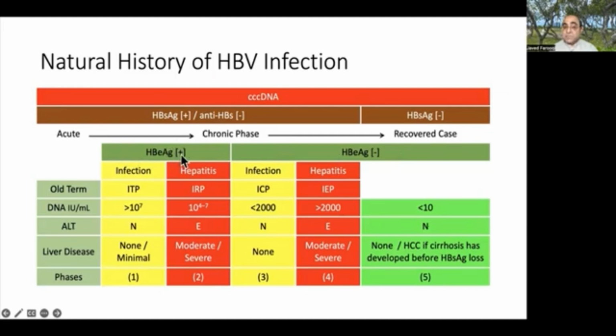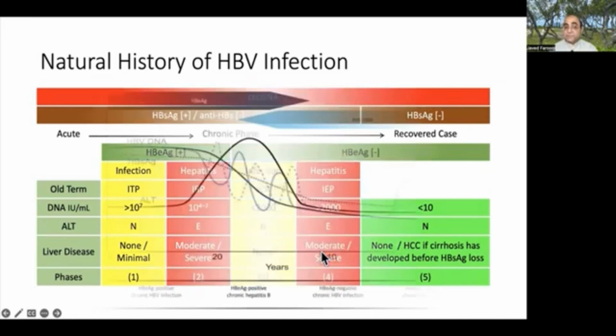The HBe antigen positive phases are these 2, infection and hepatitis phase, and HBe antigen negative is infection and hepatitis phase in the HBs antigen positive, and in the negative, again, the DNA may be positive in all, the ALT depends. When there is the infection phase, there is no or minimal liver damage. The liver damage happens in the immune hepatitis phase, that is the immune reactive phase and immune escape phase.